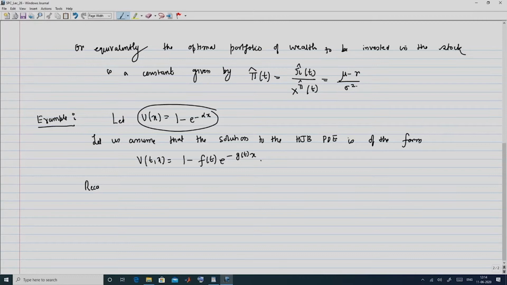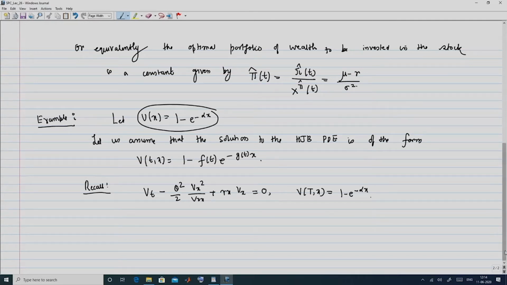So, again we recall the HJB equation. What was this? This was V_t minus theta square over 2 times V_x square over V_xx plus r x V_x equal to 0, with V(T, x) being equal to 1 minus e raised to minus alpha x.